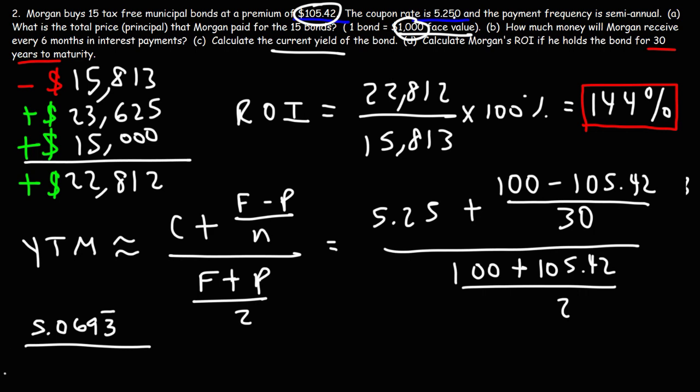Divide that by 2, you get 102.71. And then dividing those two numbers, and then we're going to multiply this by 100% to express the yield to maturity as a percentage. So the yield to maturity is approximately 4.9% according to this equation.